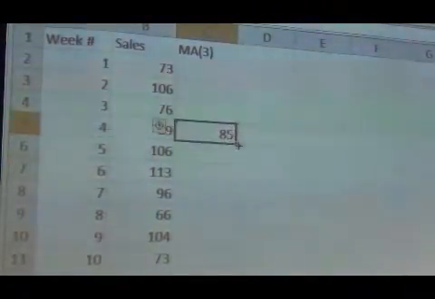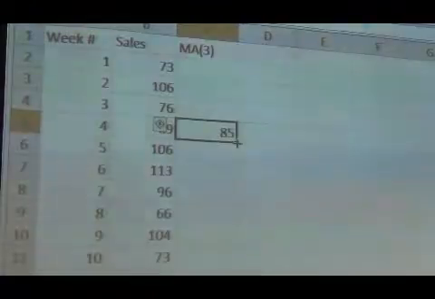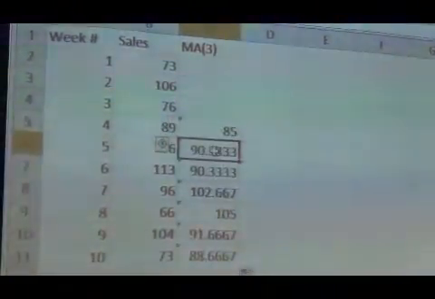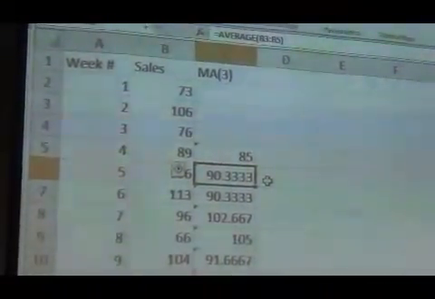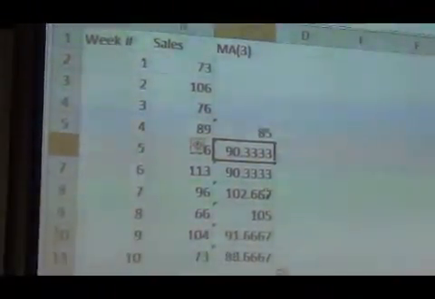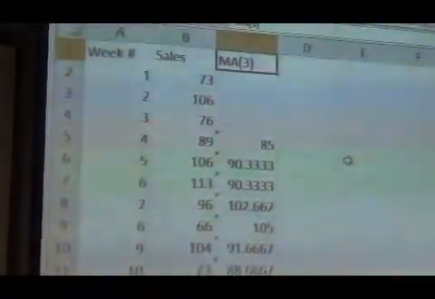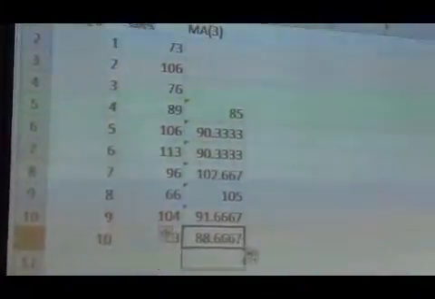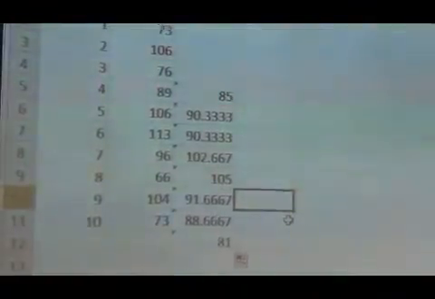And similarly, I've written this as the average of B2 to B4 in cell C5. I'm going to fill that formula down so that each formula is producing the average of the 3 weeks prior to it. Okay? So that's my moving average prediction for every week. And I can in fact use that to predict out into the future if I wanted to, by a week.